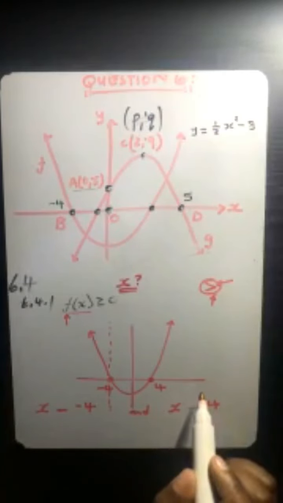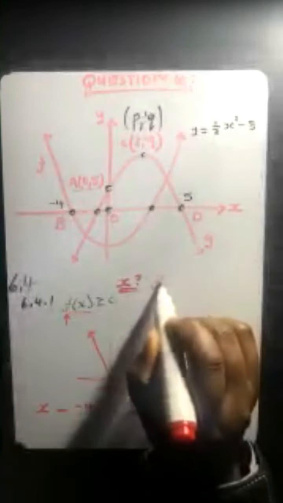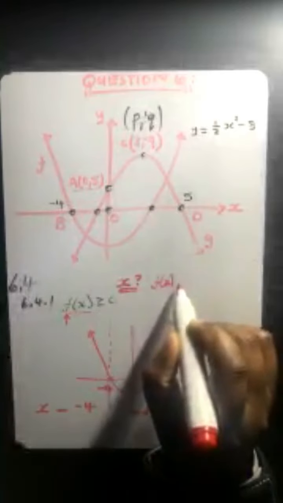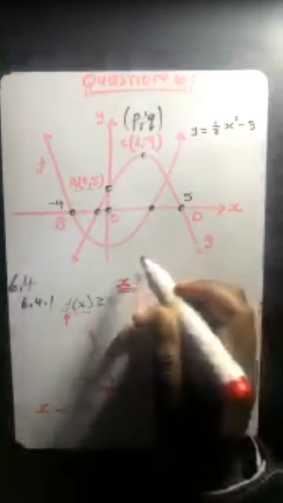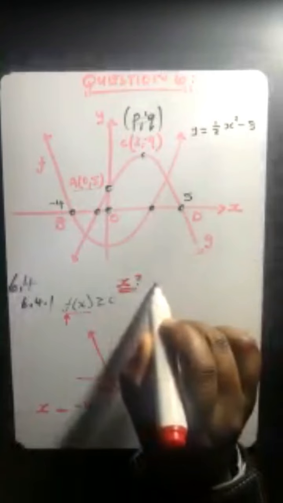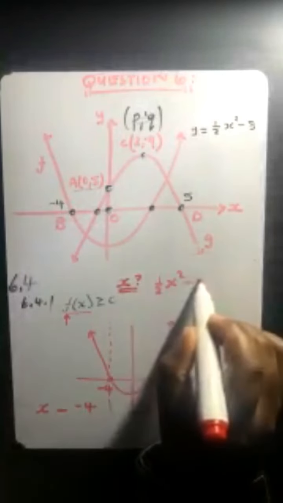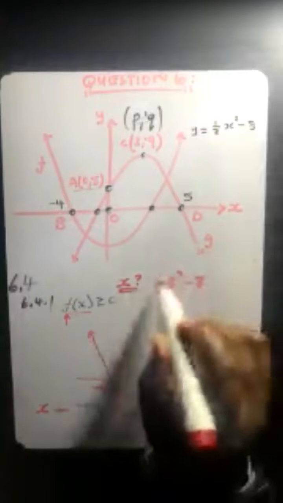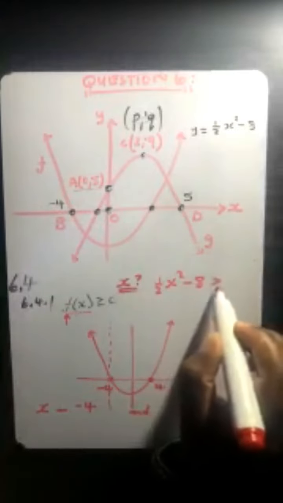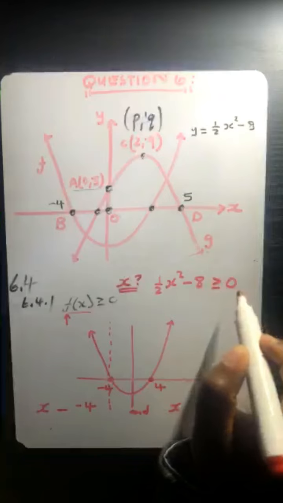The other way in which you can test that, from that equation of f of x, remember they are saying where f of x is greater than 0. The equation of f of x, let me check, is half x squared minus 8. This is f of x. They're asking for which values of x you are having that greater than 0.